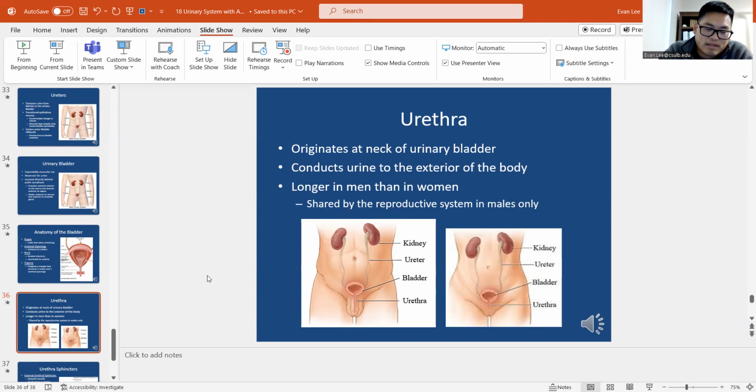And this plays a role in something you might be familiar with, which is that between guys and girls, it is easier for women to get UTIs, or urinary tract infections. The reason for that is basically the length of the urethra. The closer the urethra is to other openings, such as the vagina and even the anus to some extent, that can lead to more urinary tract infections.